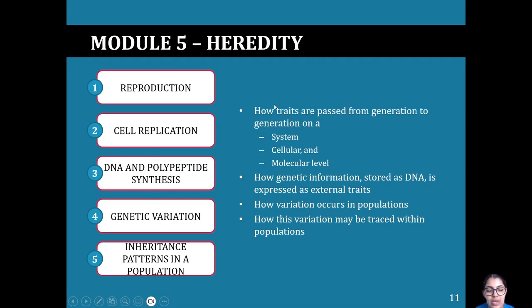So we are looking at how traits are passed from generation to generation on a system, cellular, and molecular level. We are considering how genetic information stored as DNA is expressed as external traits, how variation happens in populations, and how we can trace this variation within populations to gather data and to then act upon that data.